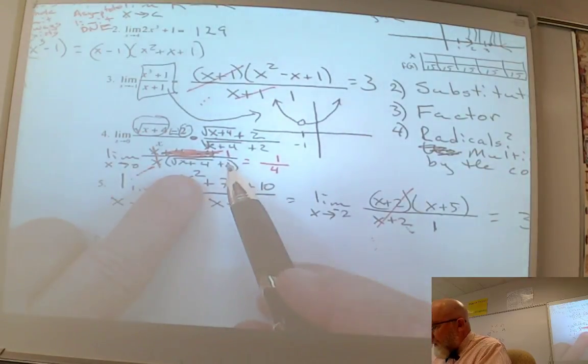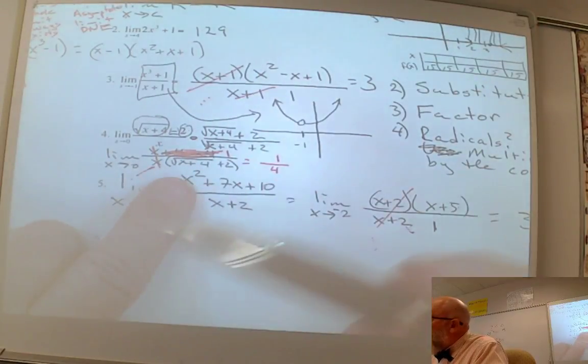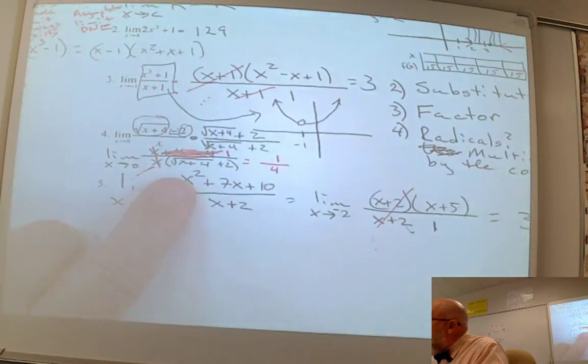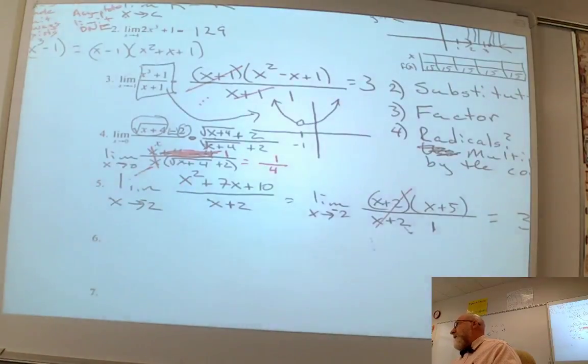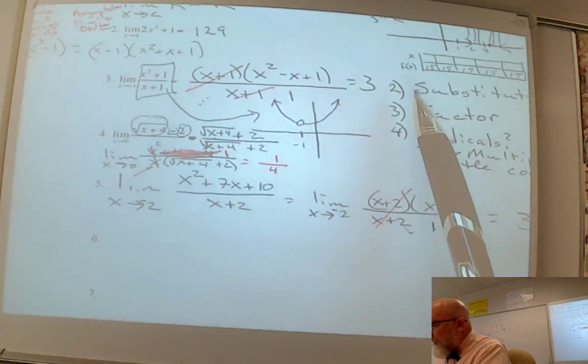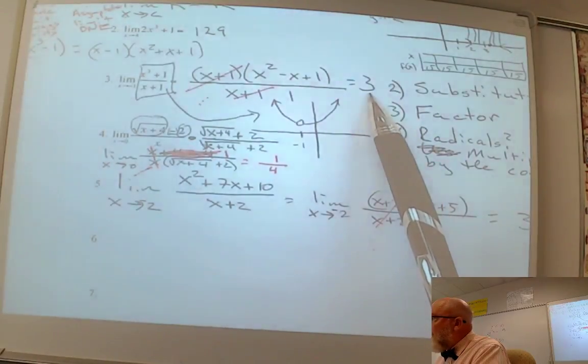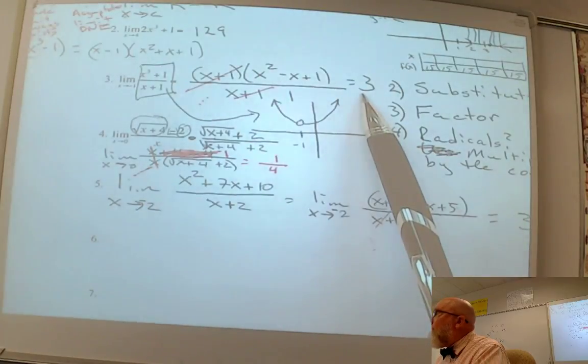So what I do is graph this, because it's less work, and I put a hole in there. But I put a hole at (0, 1/4), because this is the y value that you're approaching. Just like over here I would have had a hole at (-1, 3). Does that answer that? Right. Okay.